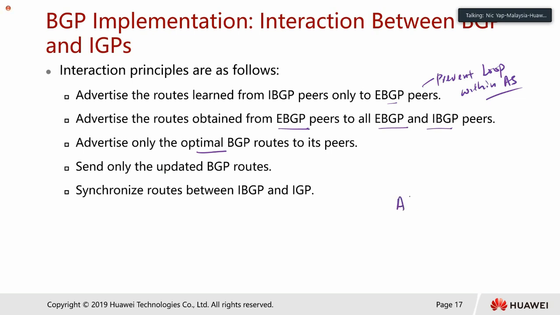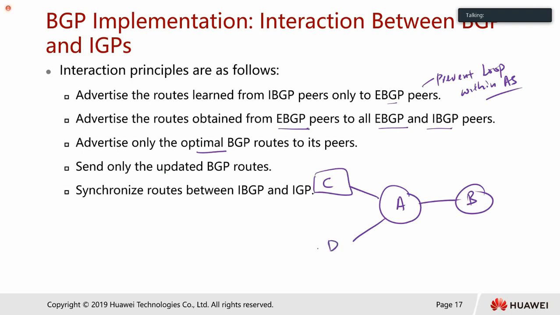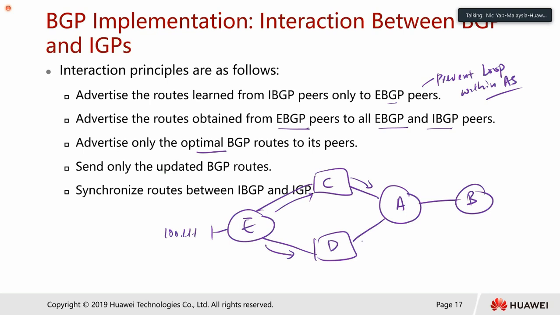Something like this: I send to C, I send to D. C sends to A, D sends to A. A should receive both. But when I send to B, I only send the optimal one back to router B.